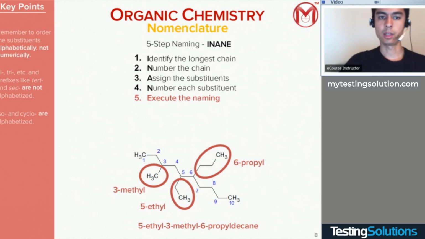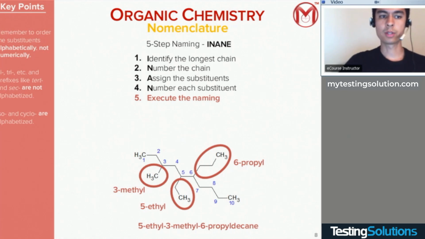Okay. The questions are never explicitly about nomenclature rules, but they may test you on just your recognition of names and your recognition of structures in correlation to names. Okay, so I'm going to show you some examples of what that might entail.